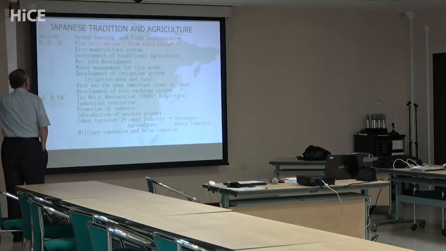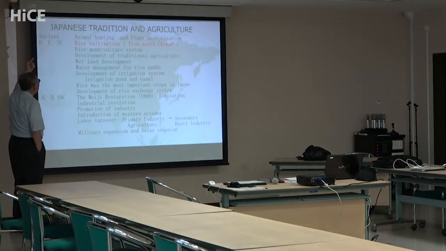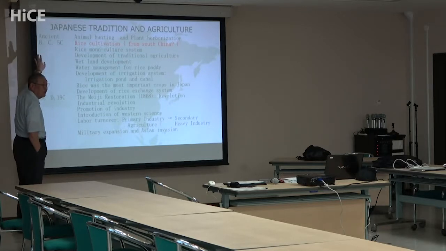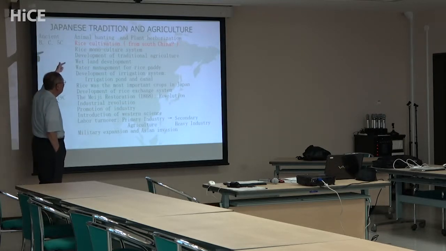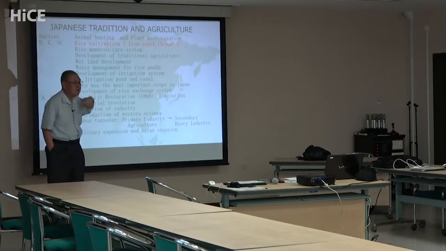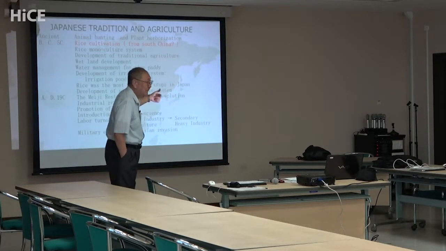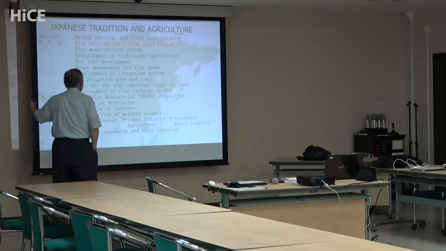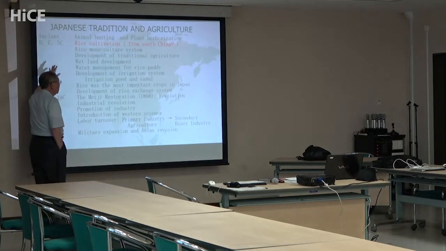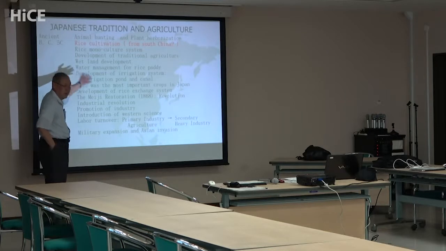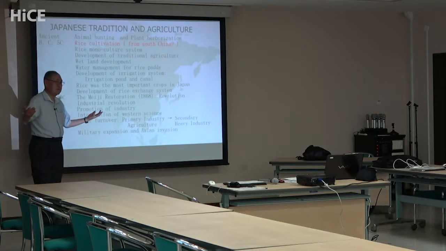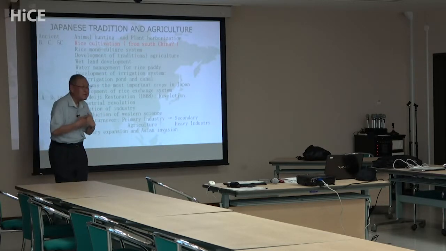And about 2,500 years ago, before Christ, in the 5th century, rice cultivation came to Japan through mainland China. And we have a rice monoculture system, breeding the rice and harvesting it and eating.